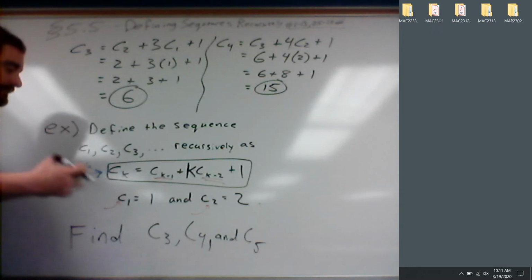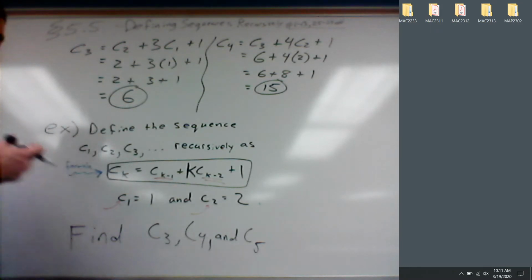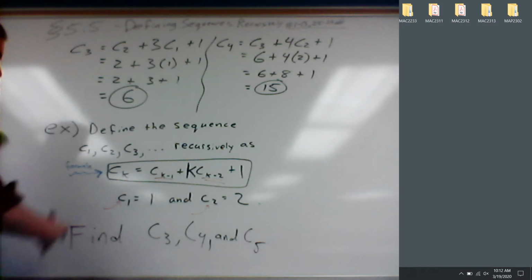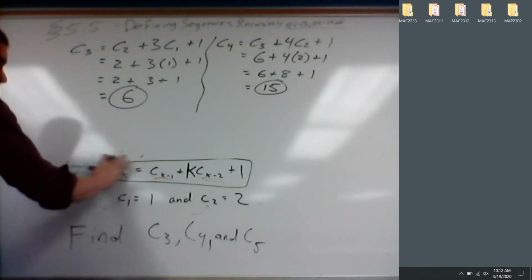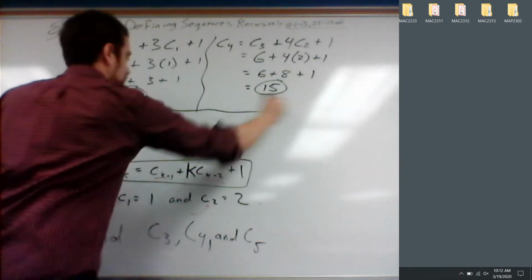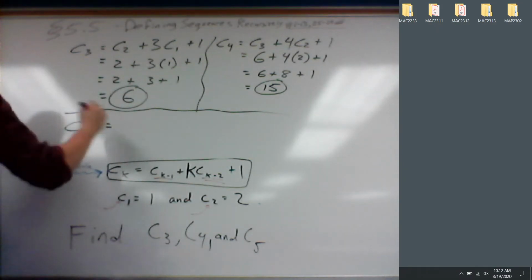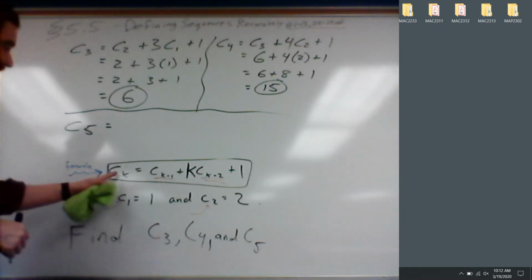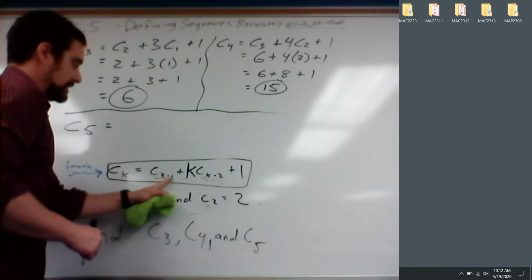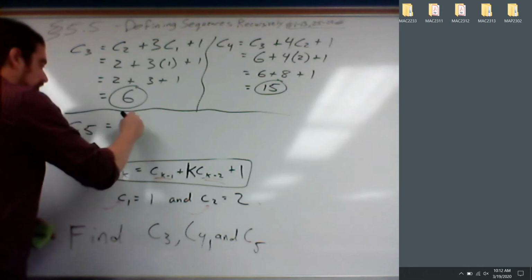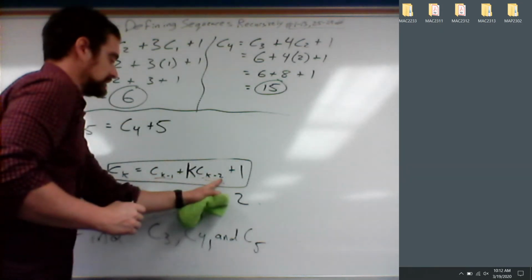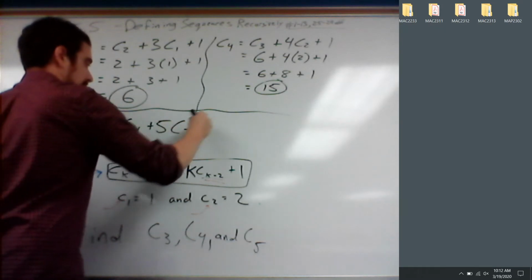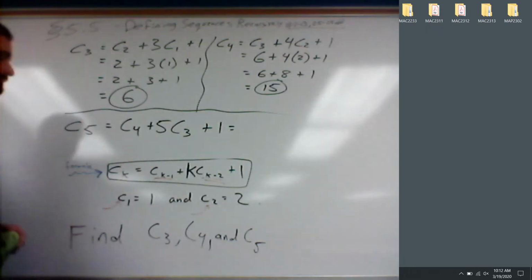So now we've got C3, we've got C4, and then we can find C5. Again, there's the formula. If we want to find C5, you can see the pattern that's developing. k is 5. 5 minus 1 is C4, plus k is 5 times C of 5 minus 2, that's C3. And then there's your plus 1.